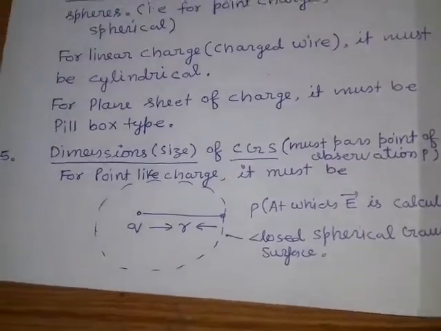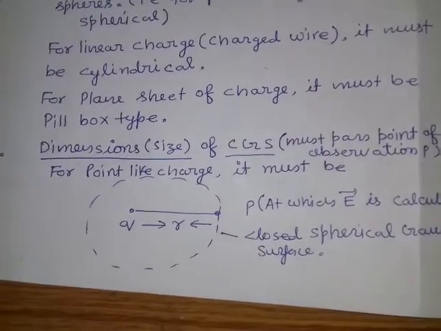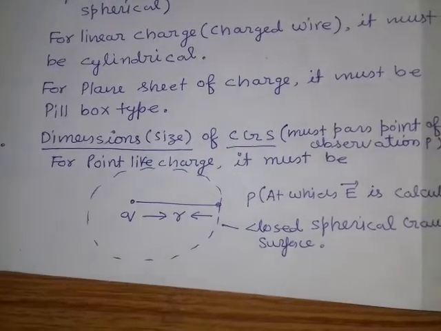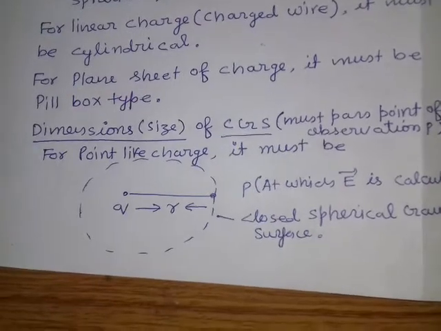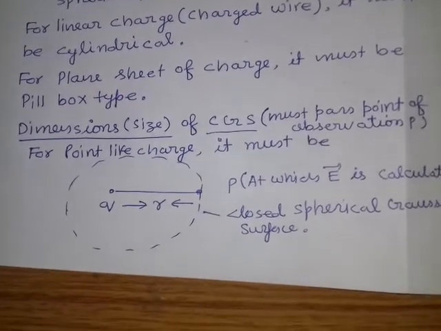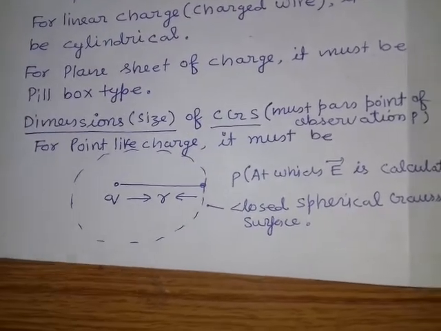Okay guys, so the dimensions of the Gaussian surface is decided by the fact that it must pass through the point of observation.